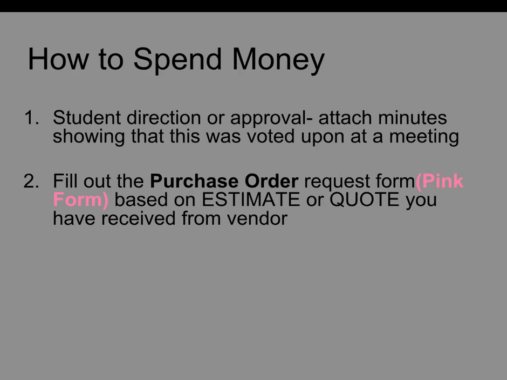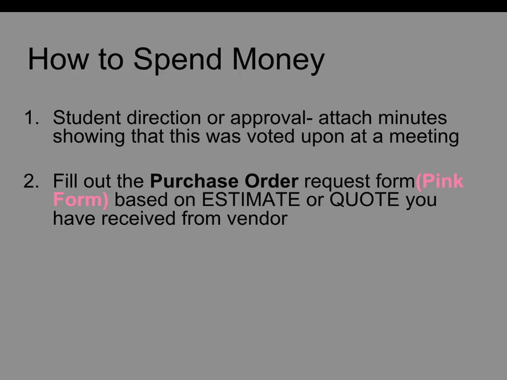We need to see formal meeting minutes that show that students approved any purchase we make at a meeting, okay? Once students direct that spending, or you could pitch an idea to the students and have them vote on it as well. But once students have made a decision to make that spending decision, you need to fill out a purchase order request form.